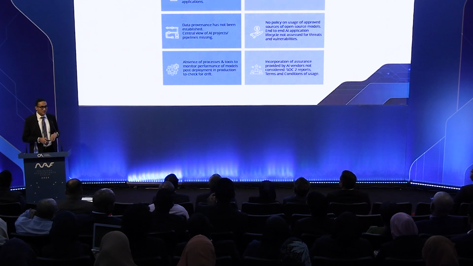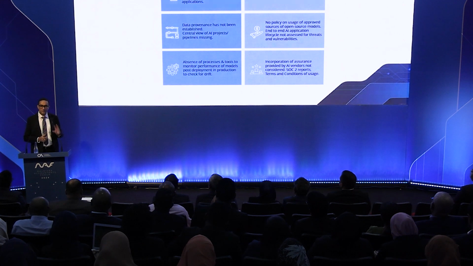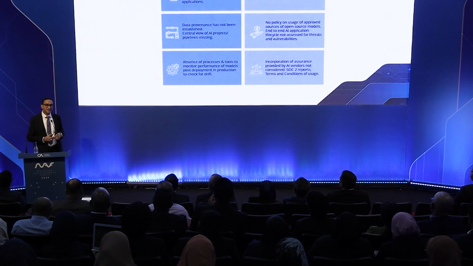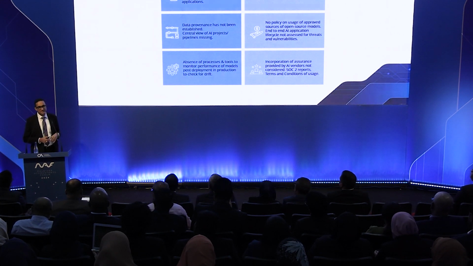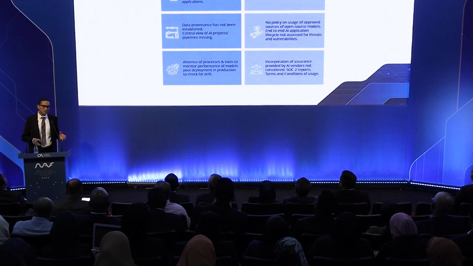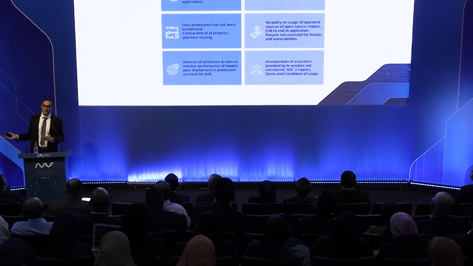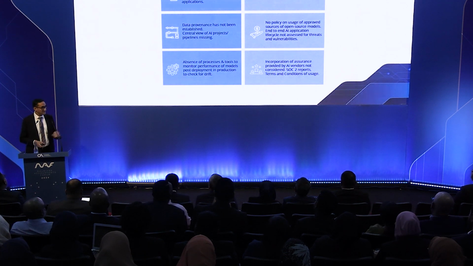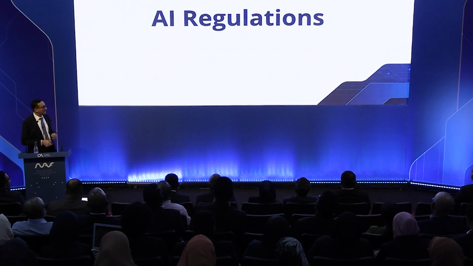And then SOC 2 reports. The SOC 2 reports provided by AI vendors are also half-baked at best. Take the example of GitHub Copilot, which is a Microsoft tool. Its SOC 2 Type 2 report will only get published as late as December 2024, and enterprises are already using GitHub Copilot. So there is a big risk there already.